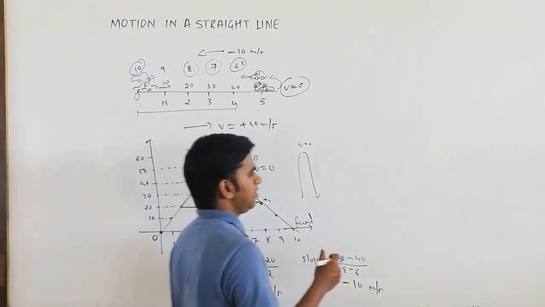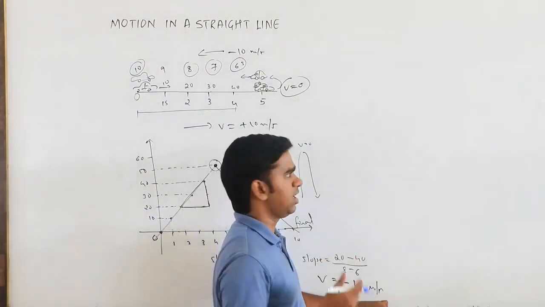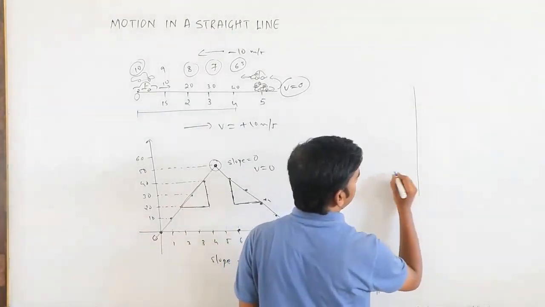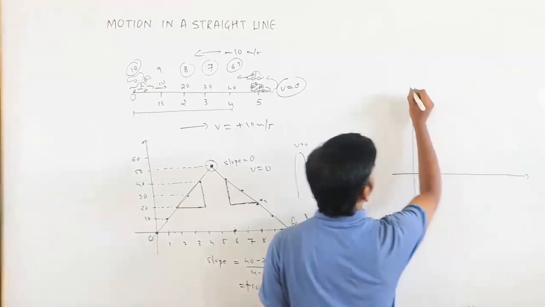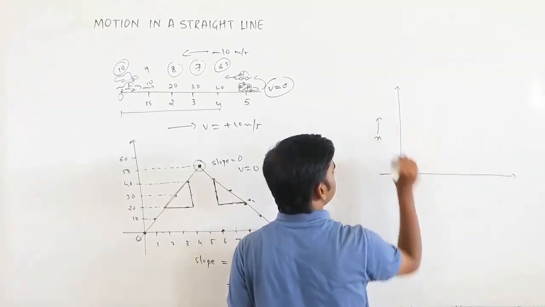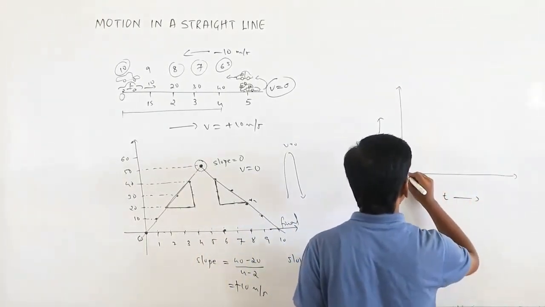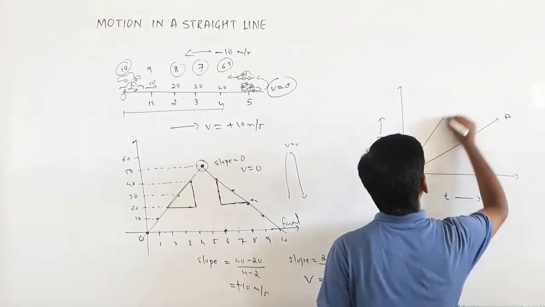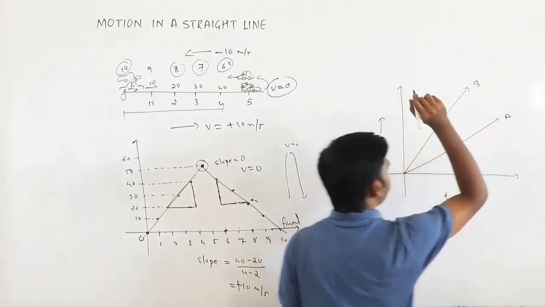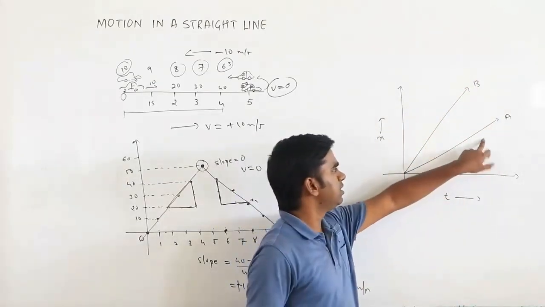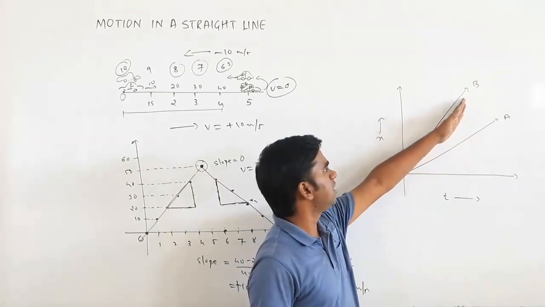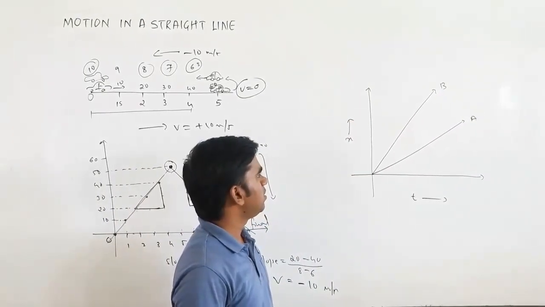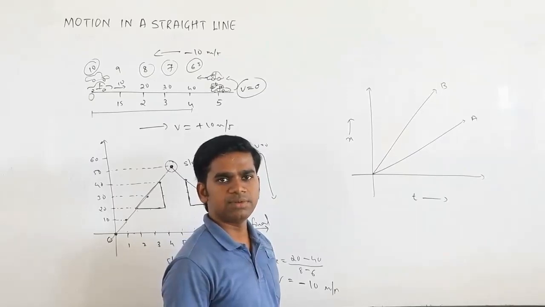So now if I take a tricky question, how can they make questions tricky? Suppose you have position along this direction and T along this direction. Body A is moving here and B is moving here. This is the graph of body A and this is the graph of body B. Now what they are asking is whether velocity of A is greater or velocity of B is greater.